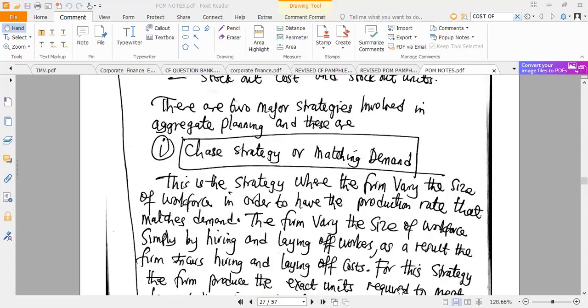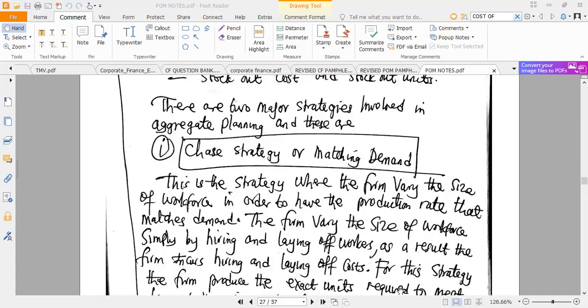They shouldn't come for work. You lay them off on the chase strategy, because you just want to produce to meet the demand. Some other workers are idle and don't even add value to production, so you actually don't need them.